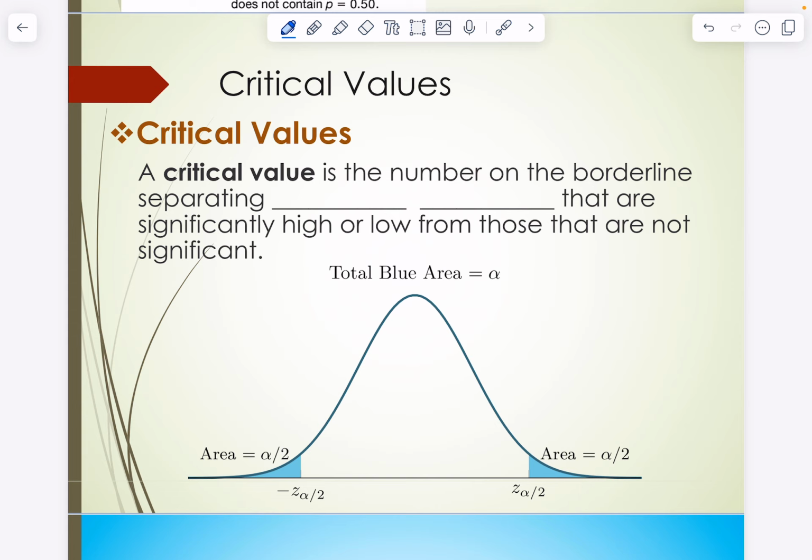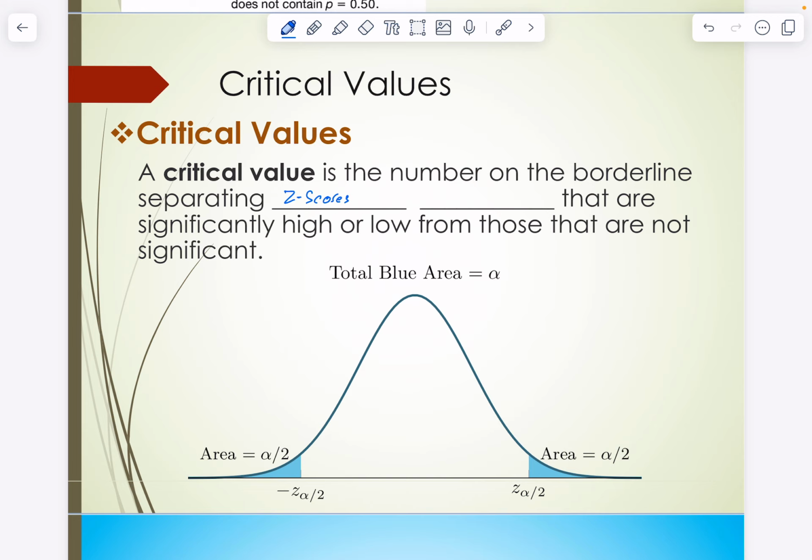A critical value is the number on the borderline separating, well, we'll say z-scores that are significantly low or high from those that are not.